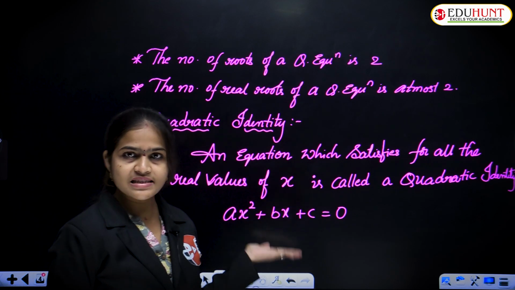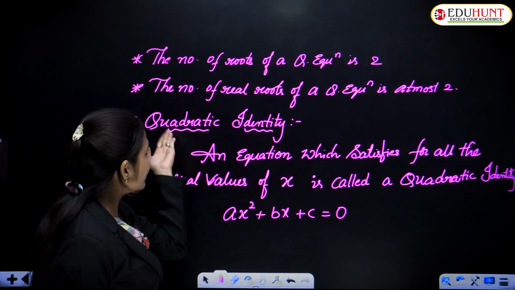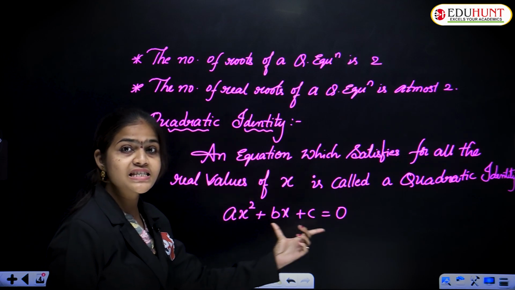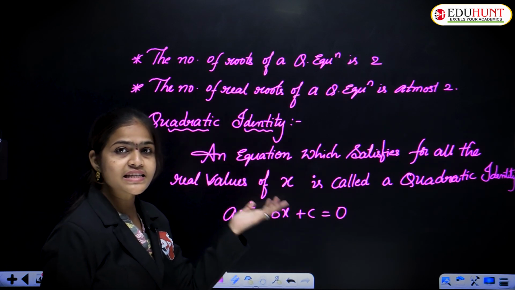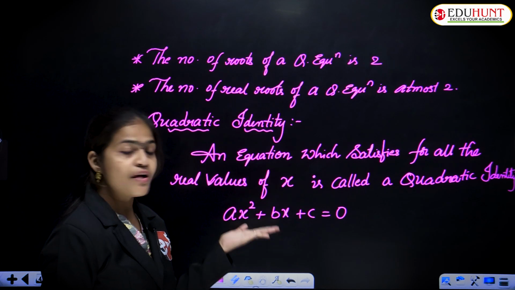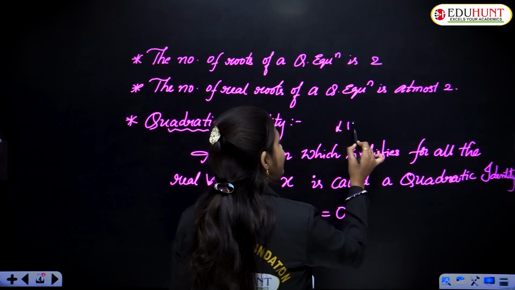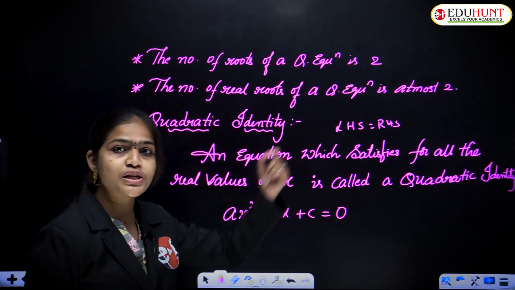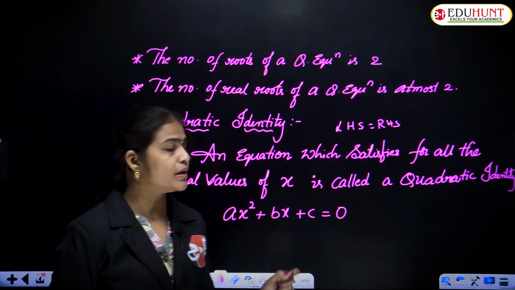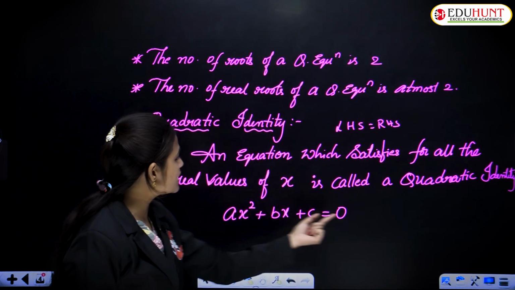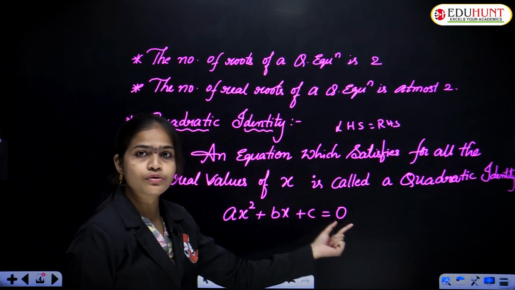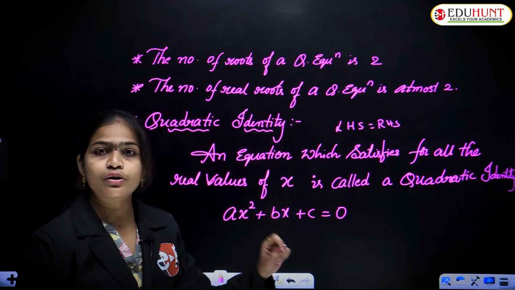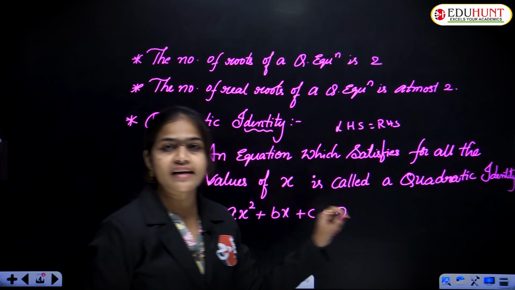But in this condition, quadratic identity means an equation which satisfies. We can say the equation satisfies whenever the LHS value is equal to the RHS value. Here RHS is equal to 0, so LHS must be equal to 0. Then only we can say that is a quadratic identity.